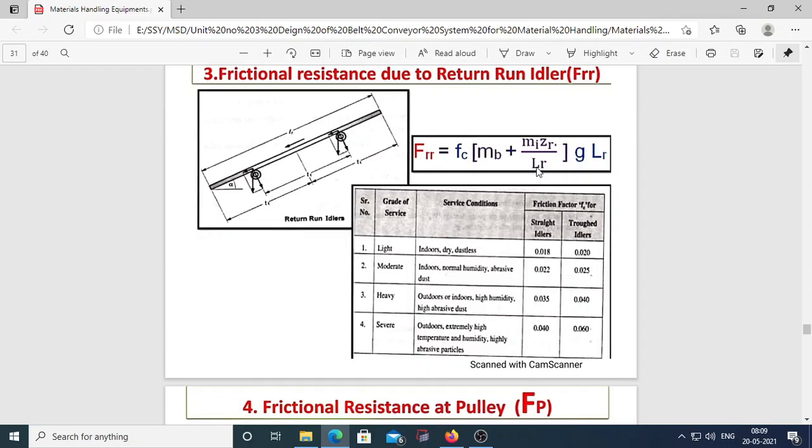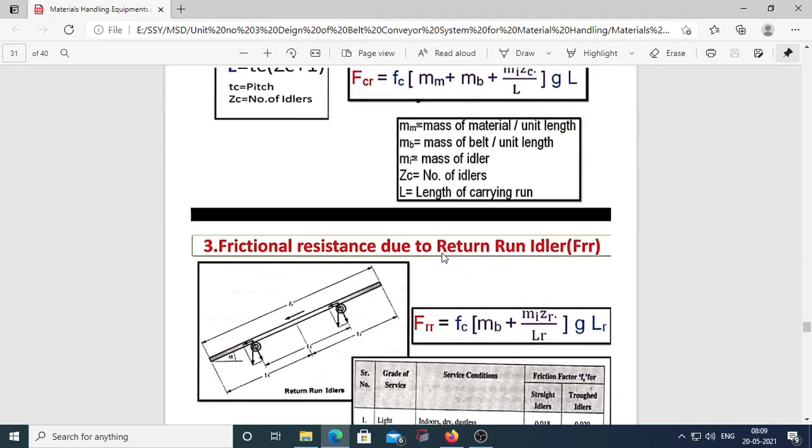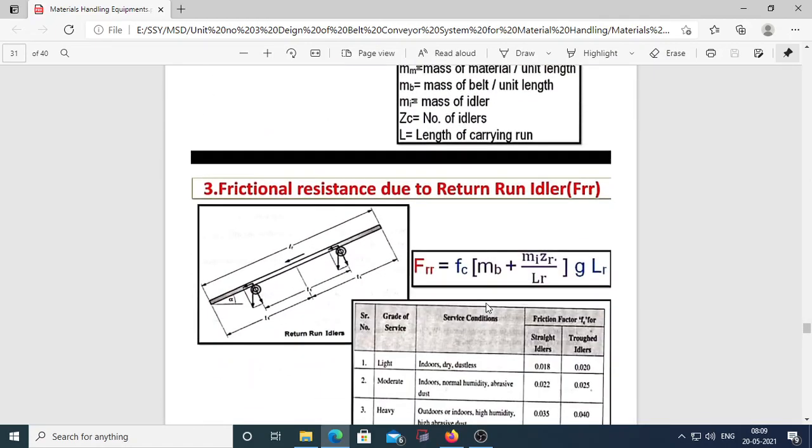The mass of the material carried by the return run is 0, because there is no load acting on the belt. Then the mm value is 0, and you will get the formula FRR is equal to again FC, this friction factor, into mb plus mi zr divided by lr.